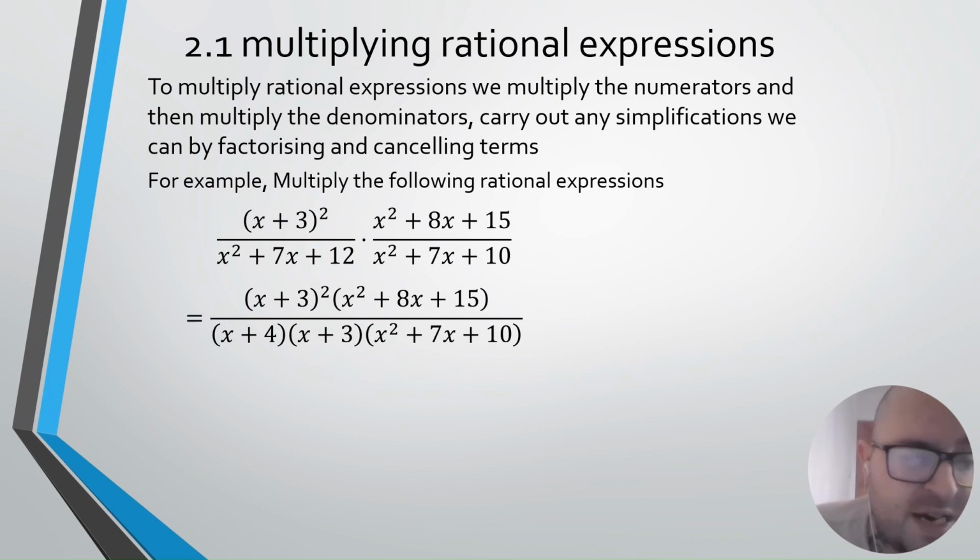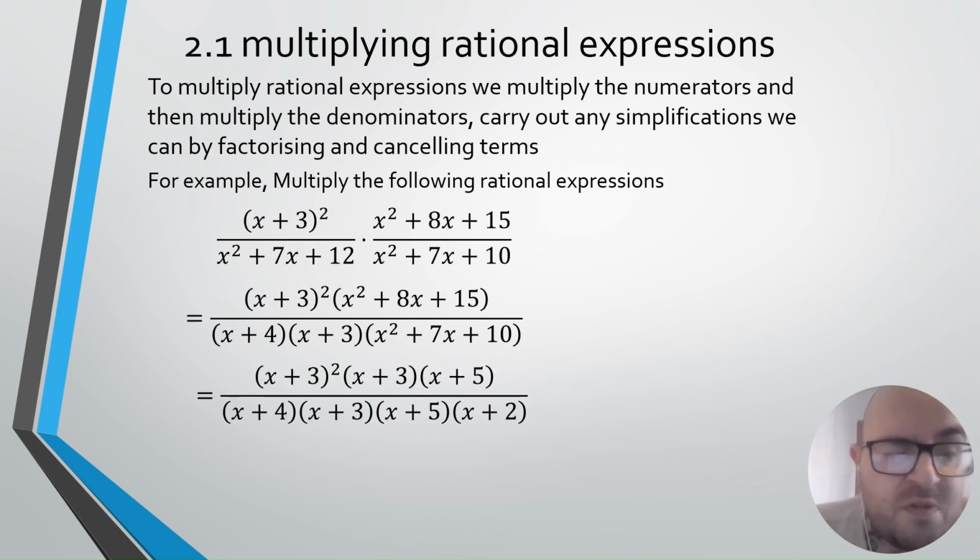So we factorised the bottom of the left-hand fraction, and that gave us that expression there. We factorise it further using just your normal factorisation of quadratics, and it brings us down to x plus 3 squared times x plus 3 times x plus 5 over x plus 4 times x plus 3 times x plus 5 times x plus 2.